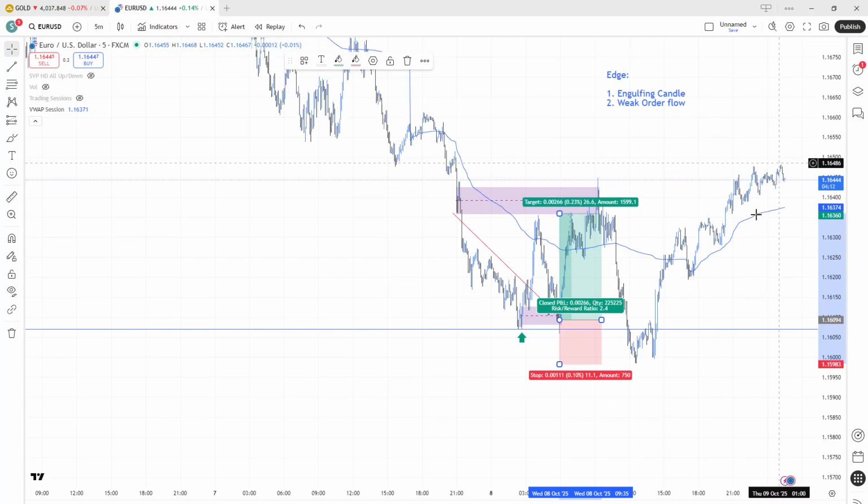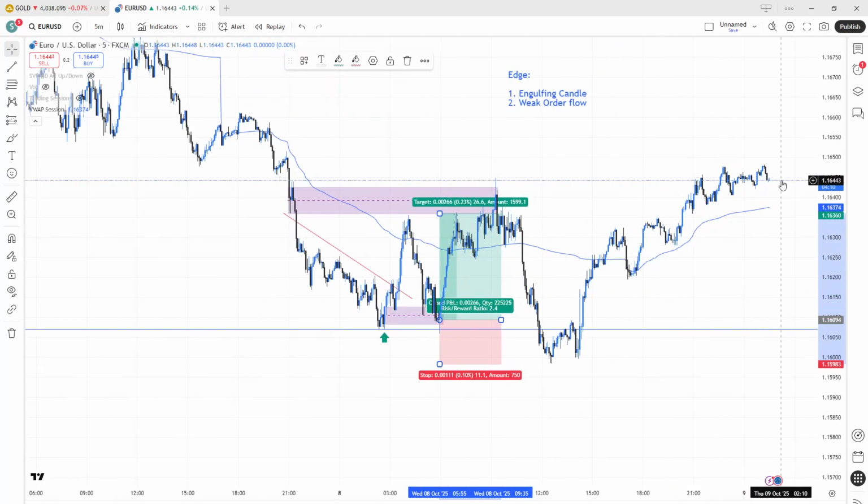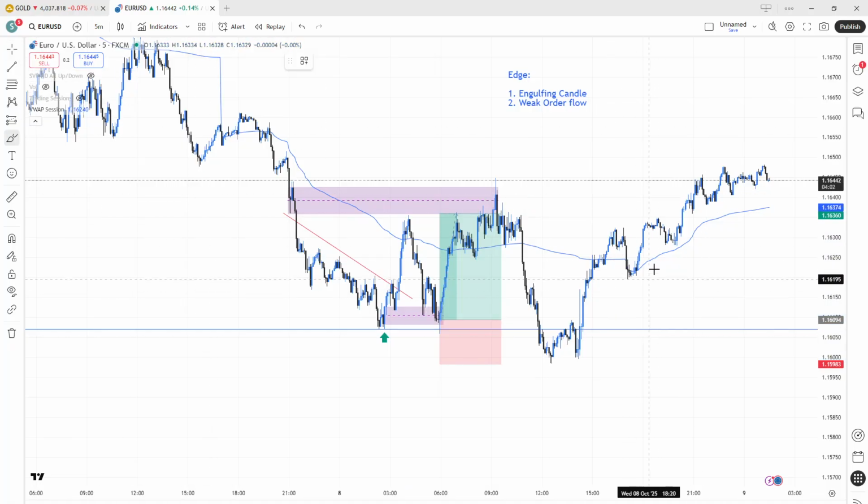But again, I'm still thinking this thing is still bearish because look at this momentum, right? What's another word for momentum, right? Price is having a hard time making higher highs, right?